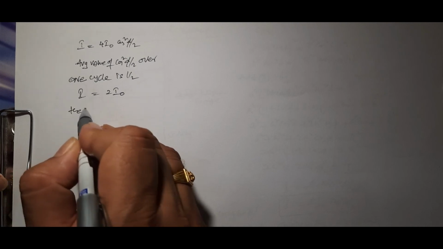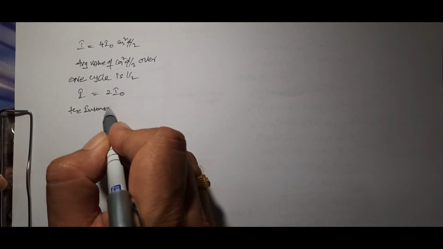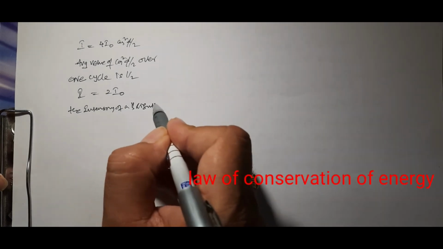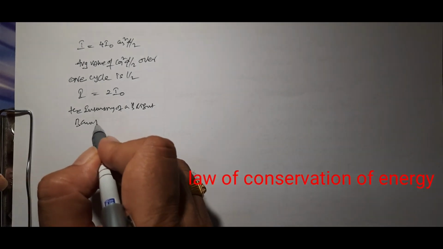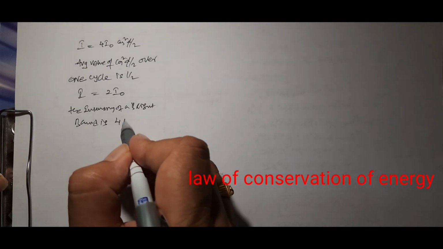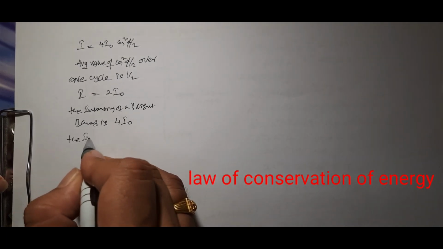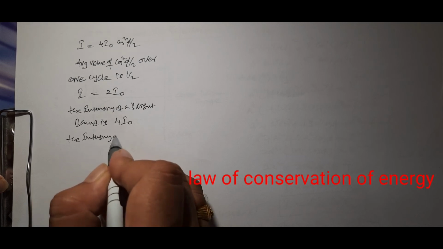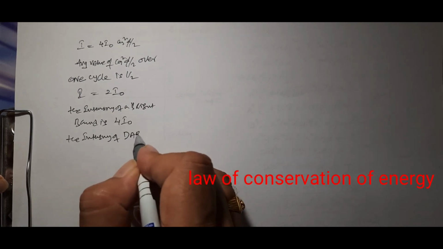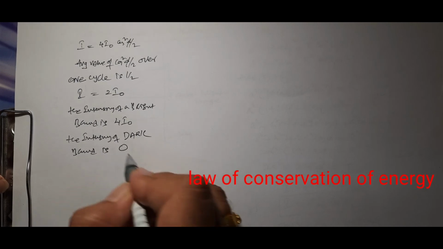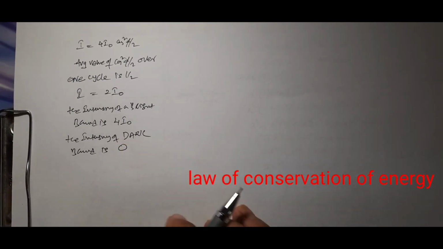Here, the intensity of a bright band is 4 I0, whereas the intensity of a dark band is 0.